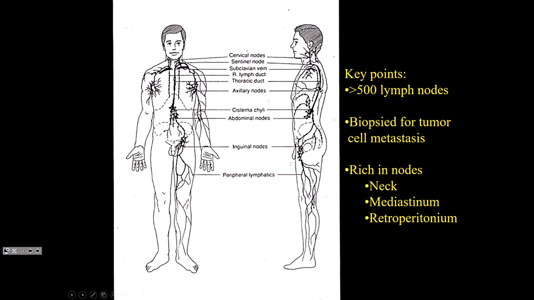Now, because the lymph nodes and the lymphatic vessels are relatively porous, they're actually already a route for tumor cells to circulate through the body.